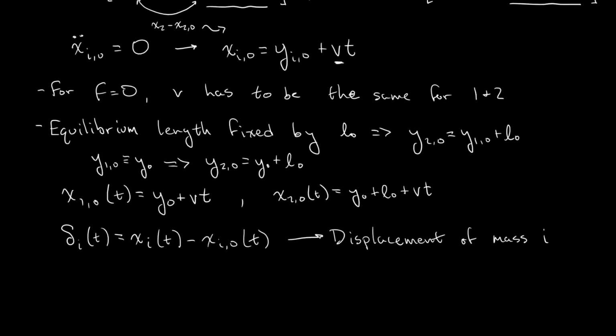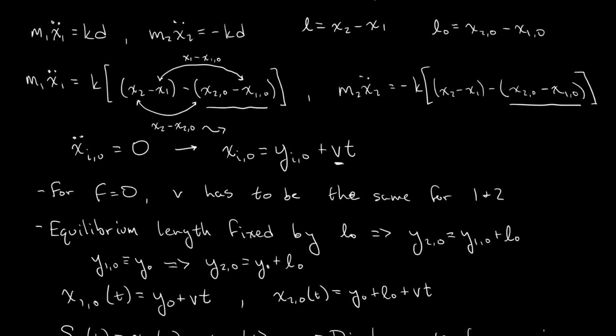When we do this, we know that the second derivative of the equilibrium term vanishes, because there's no acceleration on the equilibrium points. So delta_i double dot is equal to x_i double dot, which means that the left-hand side of my equations isn't really affected, whereas the right-hand sides simplify a lot.